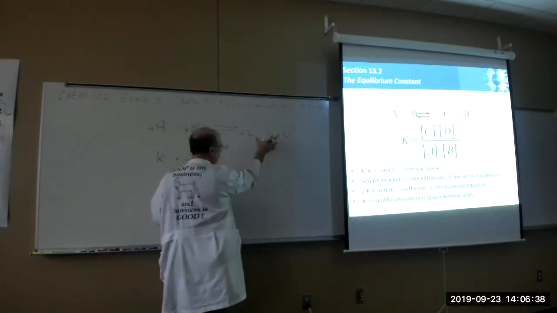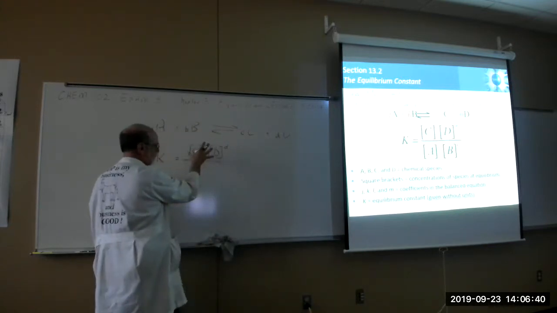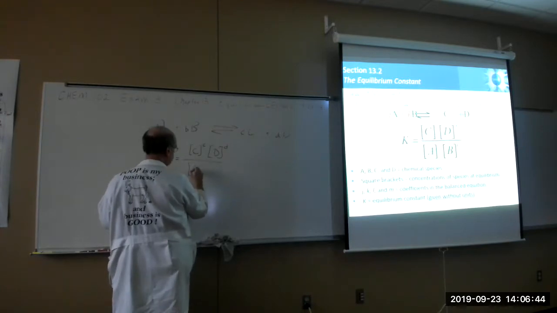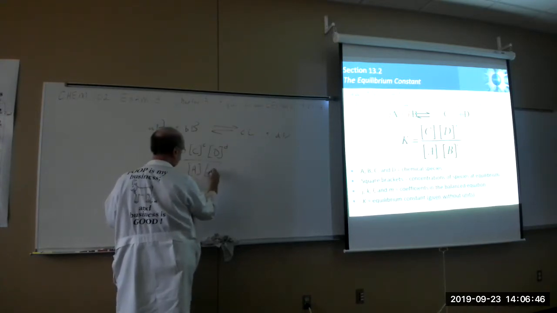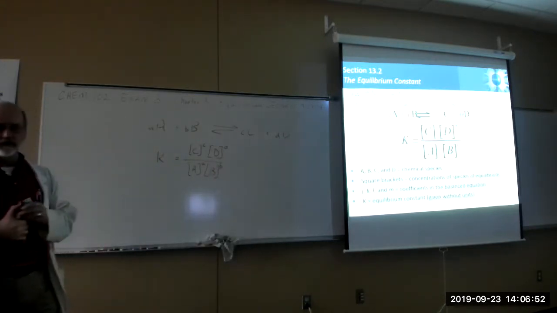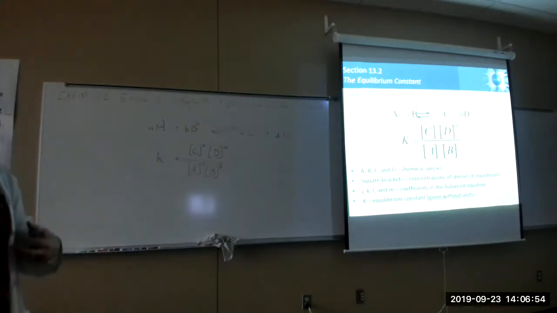So the products always go in the numerator, and the reactants go in the denominator, with the little a and the little b. That's standard form for an equilibrium expression.